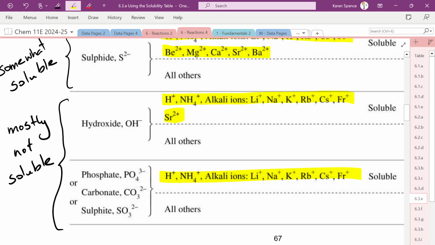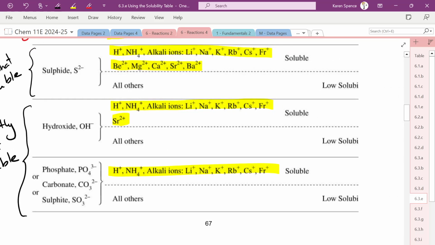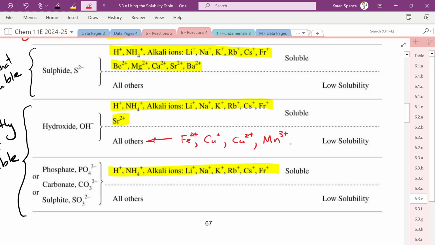So if I give you iron hydroxide, in here, that's basically everything. Iron, copper 1, copper 2, manganese 3, calcium, everything, almost.